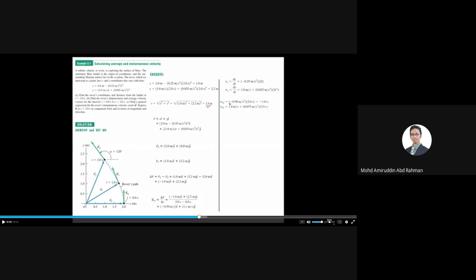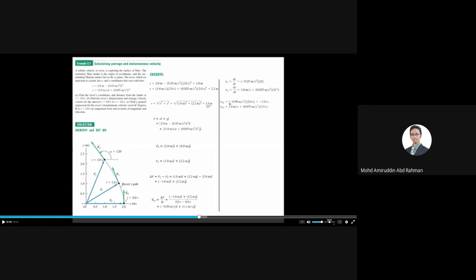So given that Vx equals dx over dt, okay. All right, so you look there. So we have the dx, the displacement, right, is 0.25 minus 0.25. Okay, so it's basically the equation you took from the equation over there.